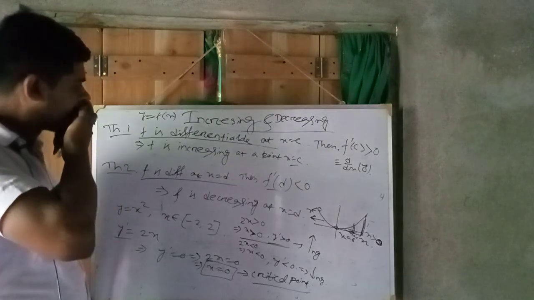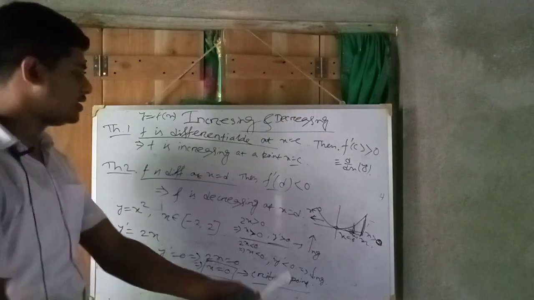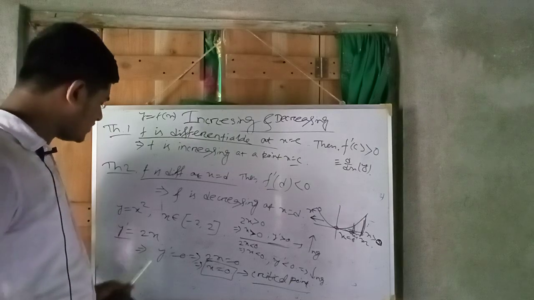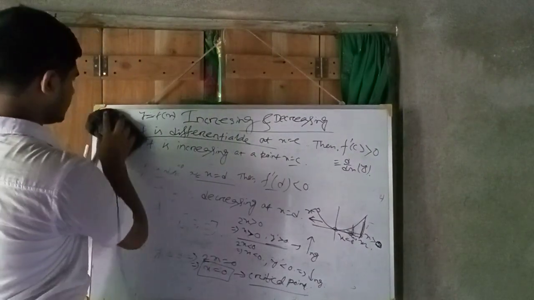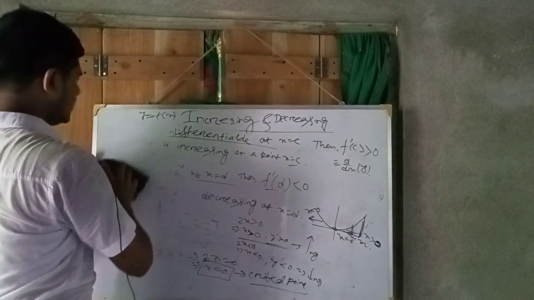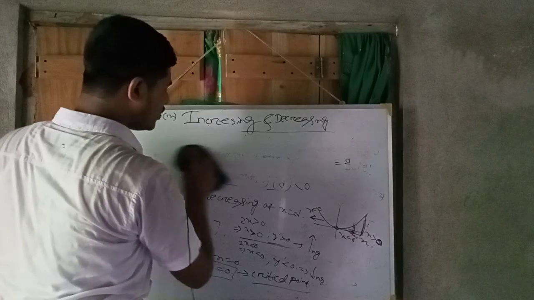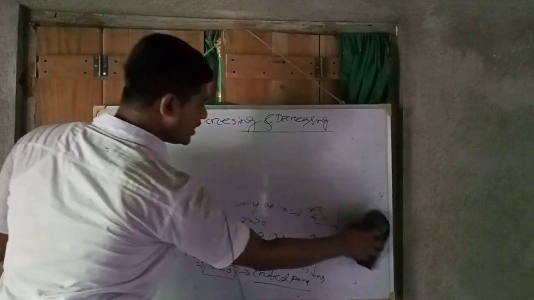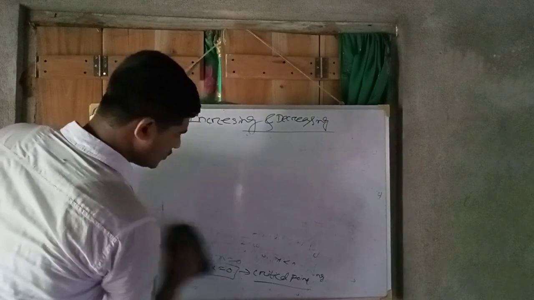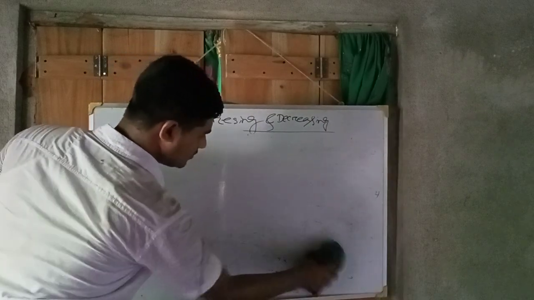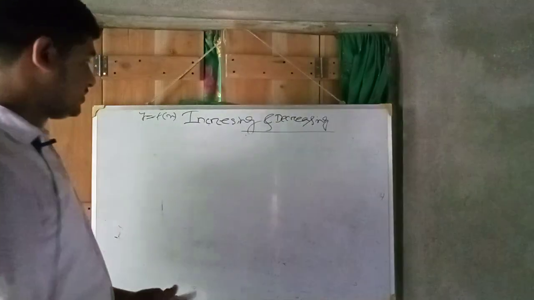Okay. So we'll also discuss one more example like this. Let's see. This example is completely based on theorems 1 and 2, which help to solve such type of problem very easily and interestingly.